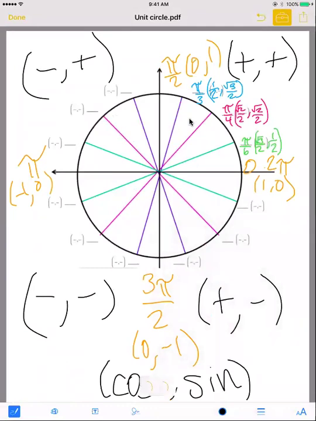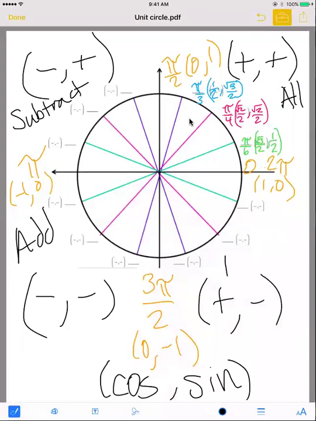As far as determining the names of the angles for each of these lines, I always remember ASAP. So each quadrant, A stands for all, meaning all of the denominators stay the same. S stands for subtract. A stands for add.